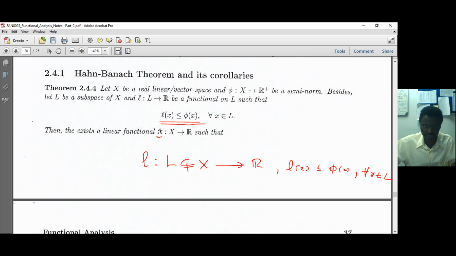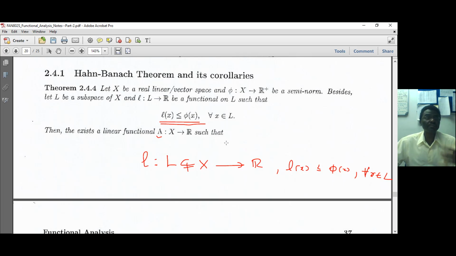Lambda, capital lambda, on the entire space, and it will still be less than the seminorm. So this inequality will be maintained, because both are linear functionals. I can extend it, and now the norm of lowercase l and lambda will be the same. You will not now have a larger norm. The norm of the two will be the same. That's the Hahn-Banach theorem.